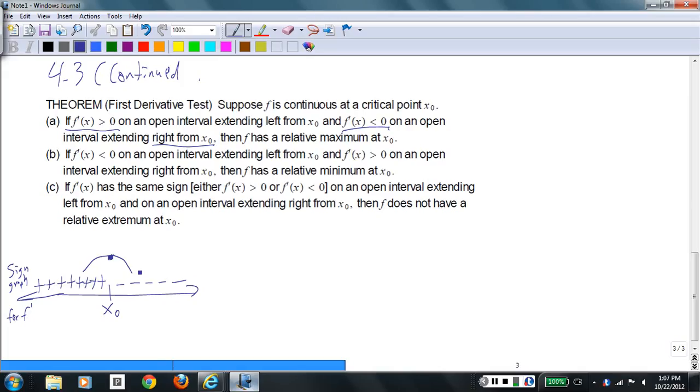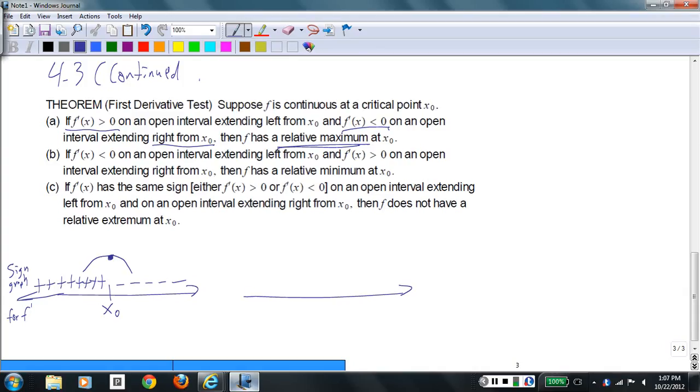And so, the conclusion is that f has a relative maximum at x sub 0. That seemed to make sense as far as the picture goes. Now, we'd like to be able to apply the first derivative test even if we don't have the picture in front of us. We just know that it's continuous at that critical point, and the derivative is positive to the left, negative to the right, then we can see this point is at the top of a hill.